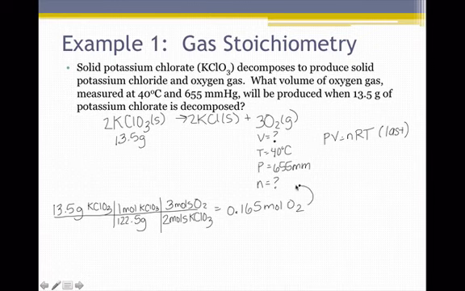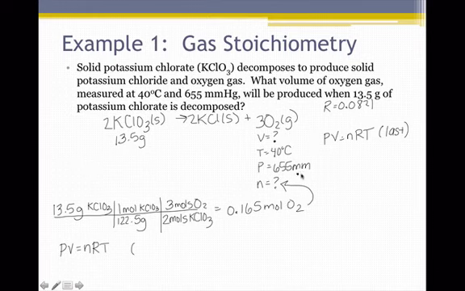So now I have my n, and I can use the ideal gas law to get the volume of oxygen gas. So PV equals nRT. The R I'm going to use is in atmospheres, 0.0821, so I'm going to do some converting here really fast.